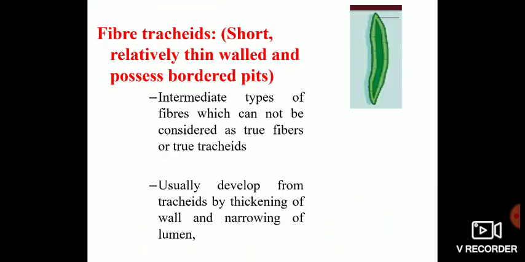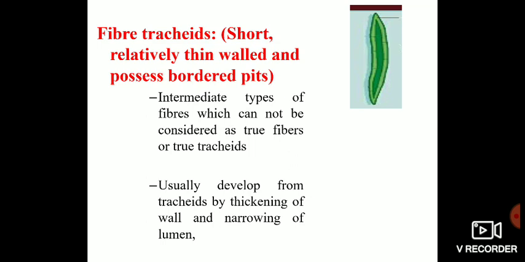There are two types of xylem fibers. The first one is fiber tracheids and second one is libriform fibers. First of all, fiber tracheids. These are relatively short and thin walled as compared to libriform fibers that we are going to discuss on the next slide, and they possess bordered pits.